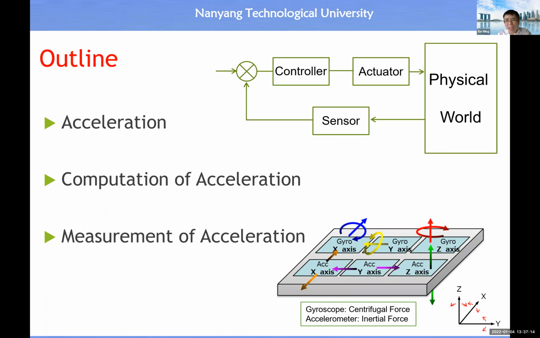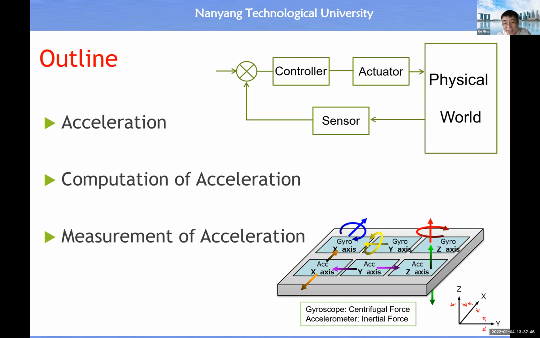All right. And we know that in physics, there are three types of motion: linear motion, angular motion, circular motion. So if we know how to measure linear acceleration, then you may ask this question: how to measure angular acceleration? The good news is that we will leverage the use of force in order to determine acceleration.